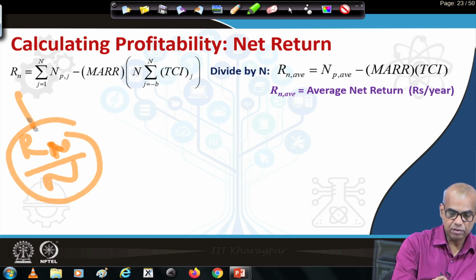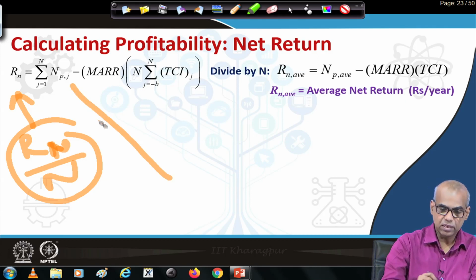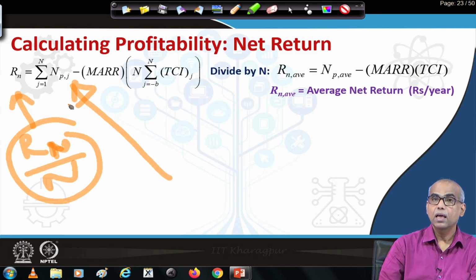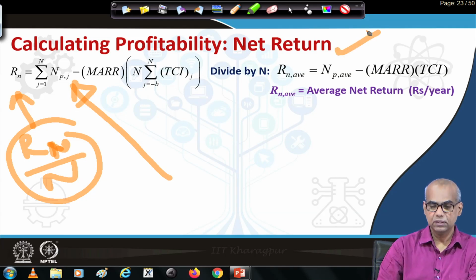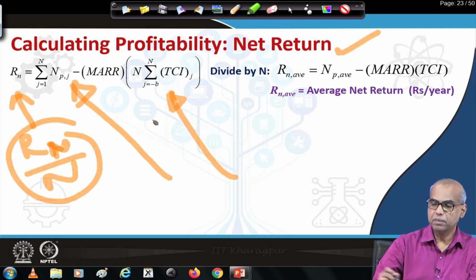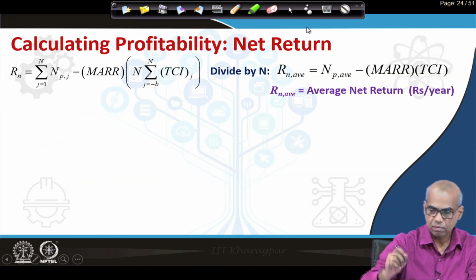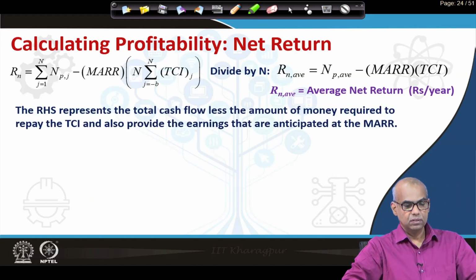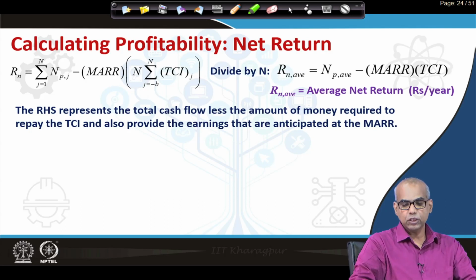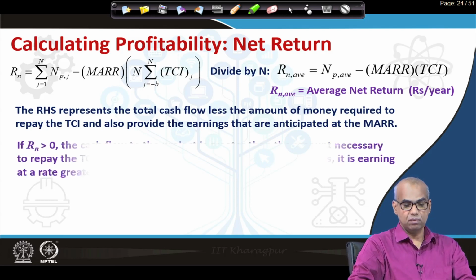The average net return will be equal to this divided by n, which is the average profit, and this divided by n will give you the minimum acceptable rate of return multiplied by TCI, or total capital investment. So, the right hand side represents the total cash flow less the amount of money required to repay the total capital investment and also provide the earnings that are anticipated at the minimum acceptable rate of return.